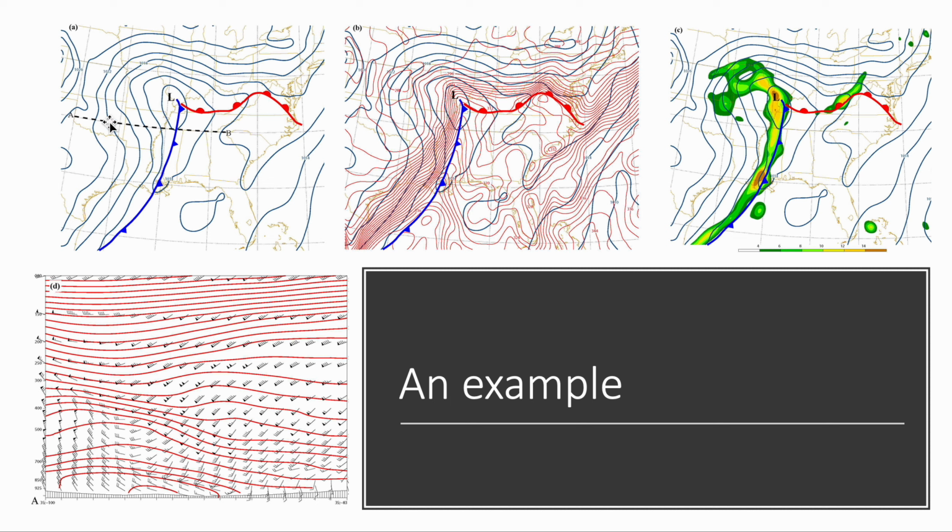And this is a cross-section, the last one over here, and it shows wind barbs and potential temperature isentropes. And you do observe this frontal feature over here, but importantly, you tend to see here the wind shift that we were talking about earlier.